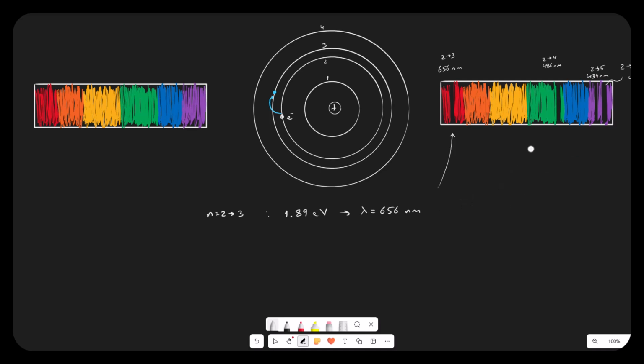We do get more lines, of course, like we get one out here that is 2 to 7, and that one's going to be 397 nanometers, but it falls right near the border of UV light, so we may or may not be able to actually see that. What you might notice is that all of these go from the 2 level.